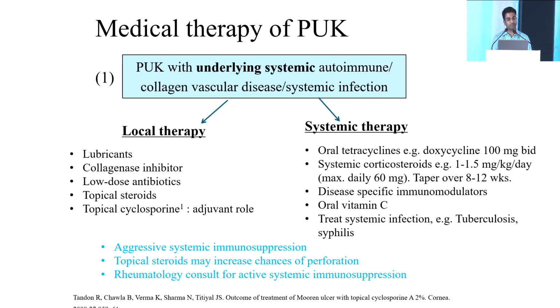Topical steroids are the mainstay of treatment. You can add on adjuvant therapies like cyclosporin. Systemic therapy includes corticosteroids, preventing stromal lysis with oral tetracycline, or disease-specific immunomodulators, vitamin C for healing, as well as systemic infection should be treated. So this is the overview of treatment in cases of PUK.